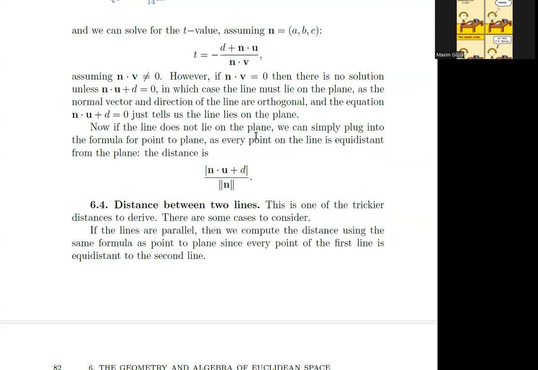So if the line does not lie on the plane, then it must be parallel to the plane in some way. And in that case, you could plug in any point because every point is directly above some point on the plane in an orthogonal way. So in particular, we could plug in u into the formula above.